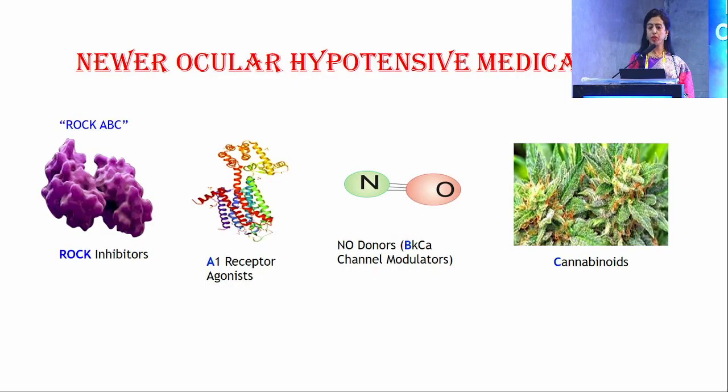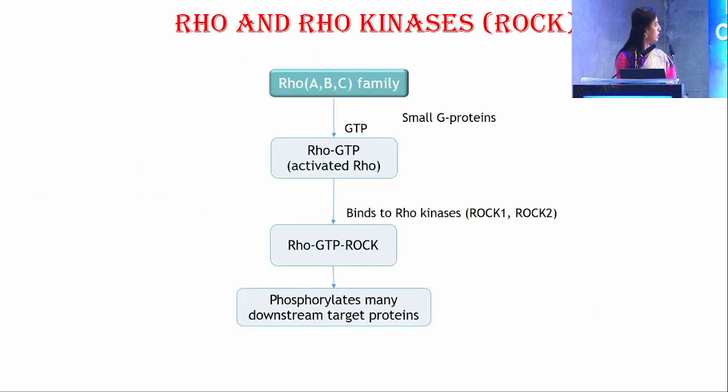The newer ocular hypotensive agents are the ROCK inhibitors, alpha-1 receptor agonists, nitric oxide donors and cannabinoids. These are the Rho kinase inhibitors. They belong to the Rho family, and they phosphorylate many downstream target proteins.